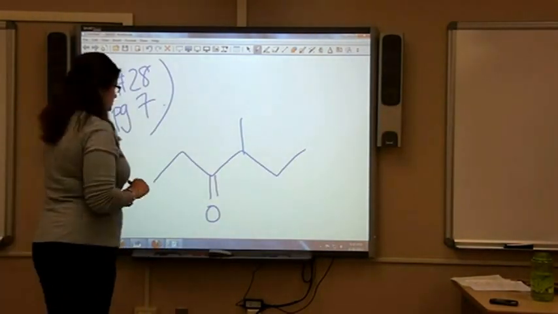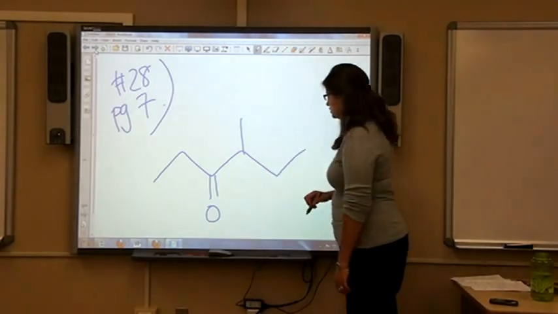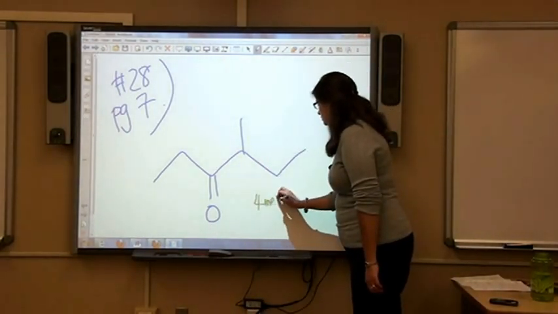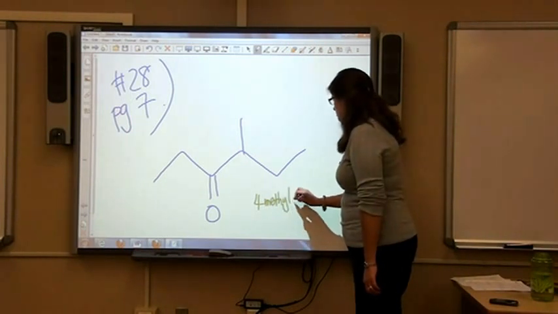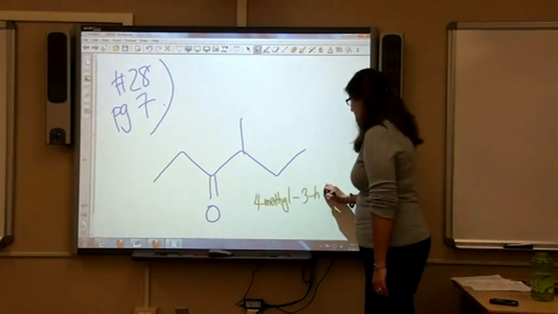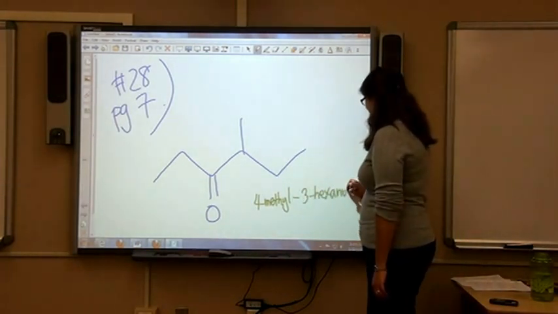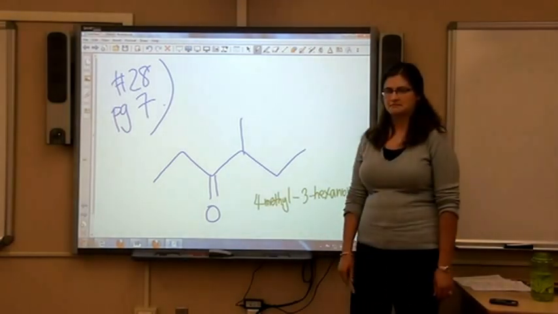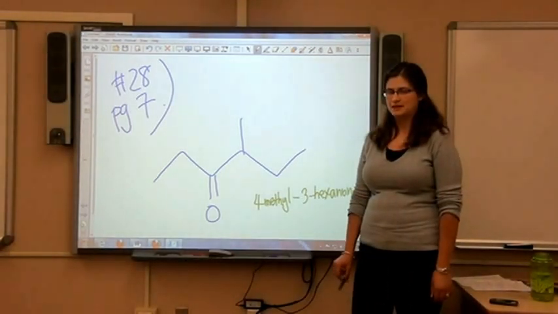Now you guys should be able to do this on your own. This is one from your homework. Can I just do this one? I apologize if this is one I just did. Well, now you have the answer for this twice. 4-methyl-3-hexanone.